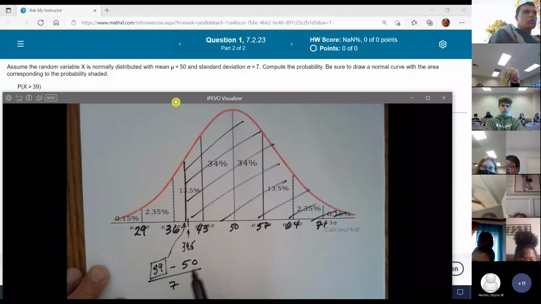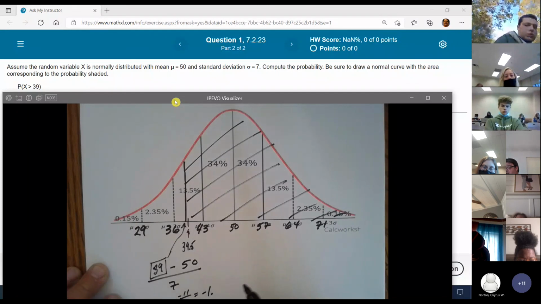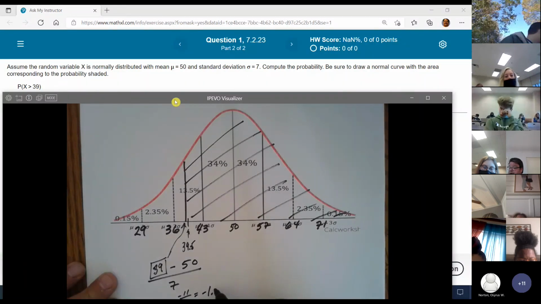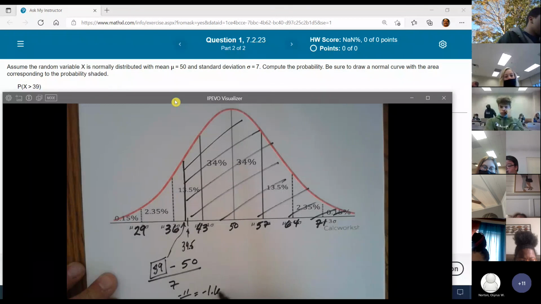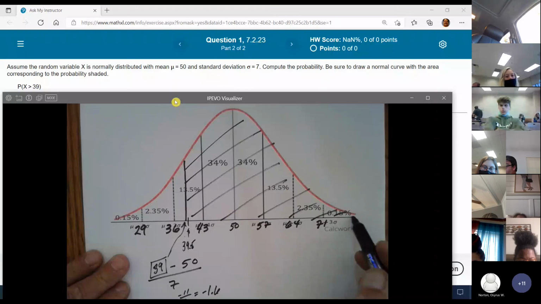So -11/7, which is equal to -1 point what? 1.5 or 1.6, close to 1.6. And we're going to go from that -1.6 to positive infinity, which is 9999.